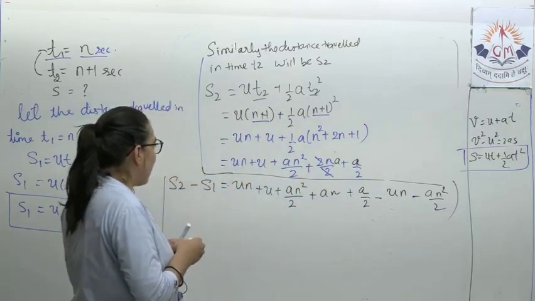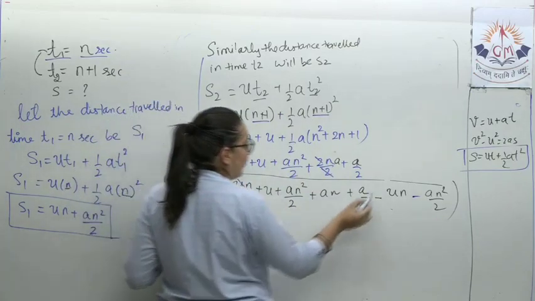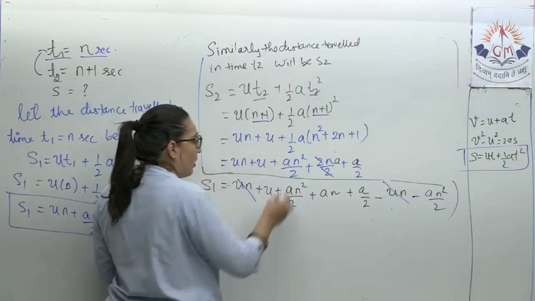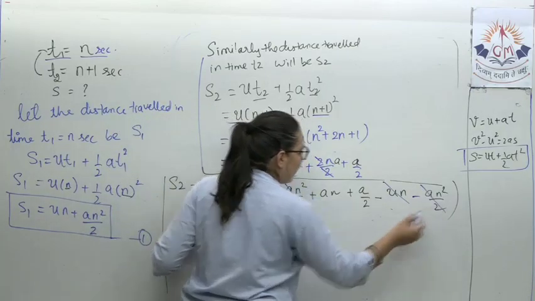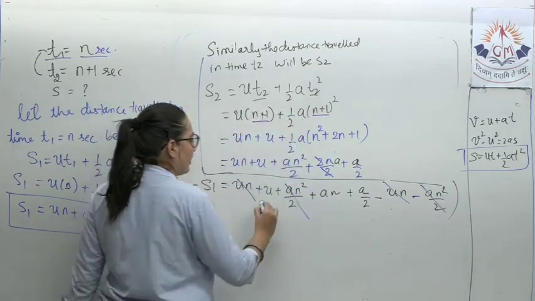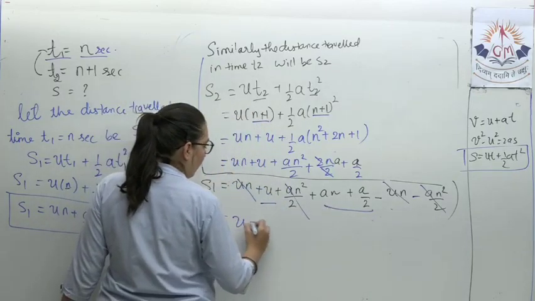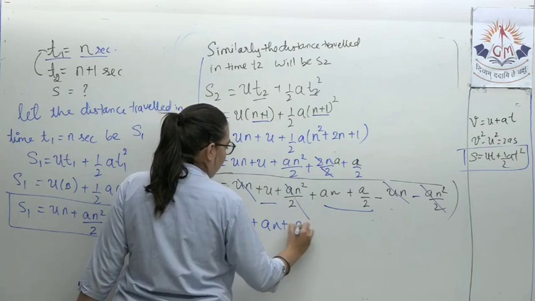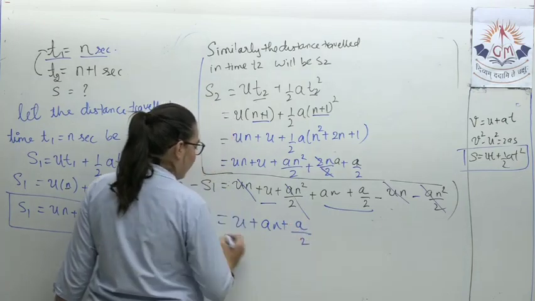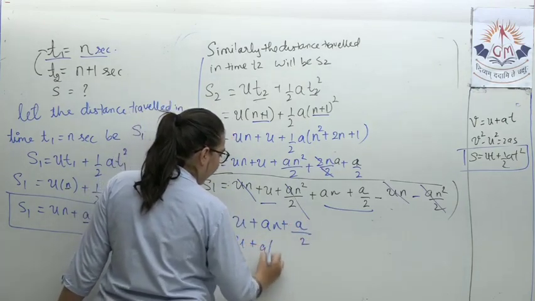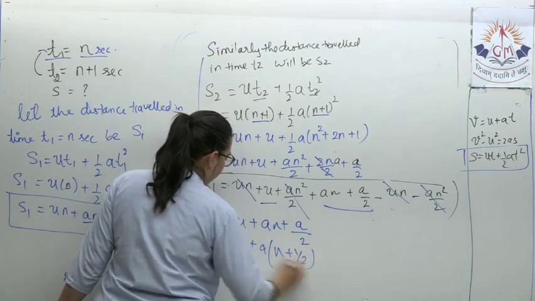What gets cancelled out over here? Can you see? It's u n that's getting cancelled out. a n square by 2 is getting cancelled out. What is remaining is just this. That is u plus a n plus a by 2. That is u plus a, take n in bracket, plus half.